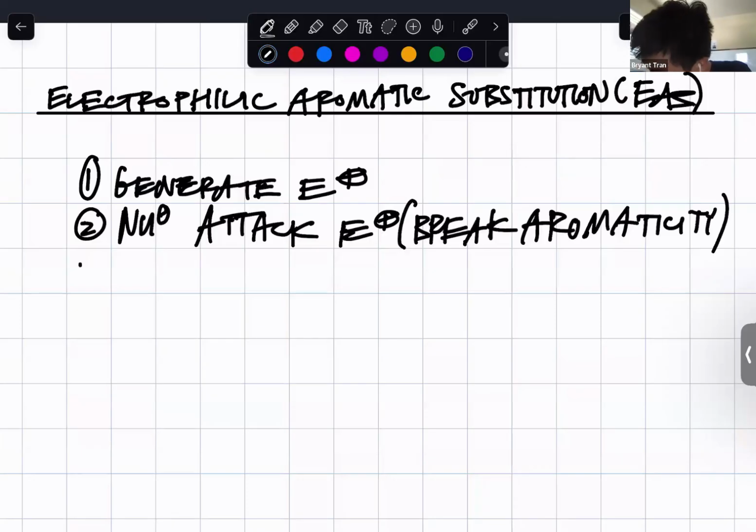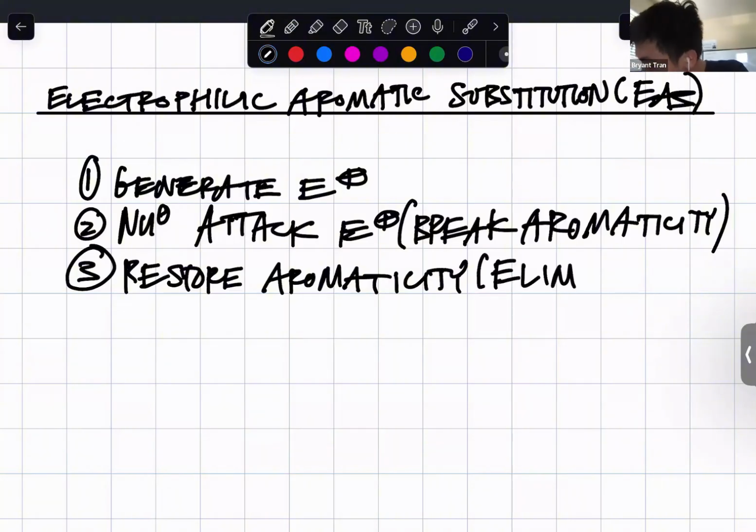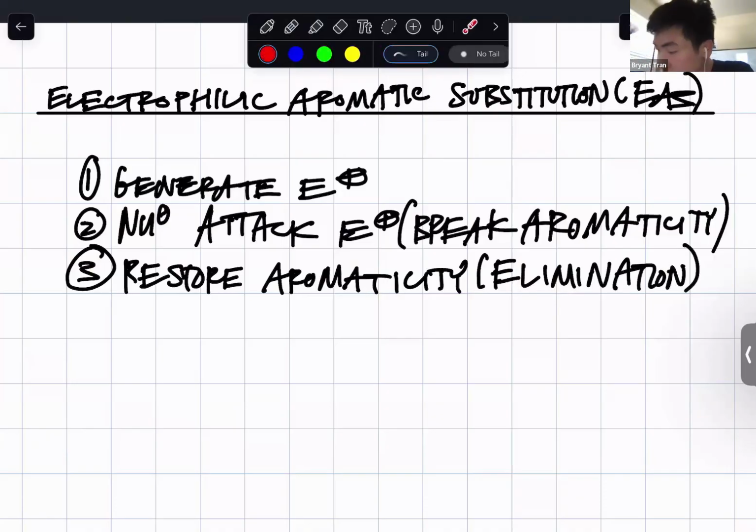And then the third step is to restore aromaticity by doing an elimination reaction, like an E1 type reaction. So that's the same general set of steps for the EAS mechanism.